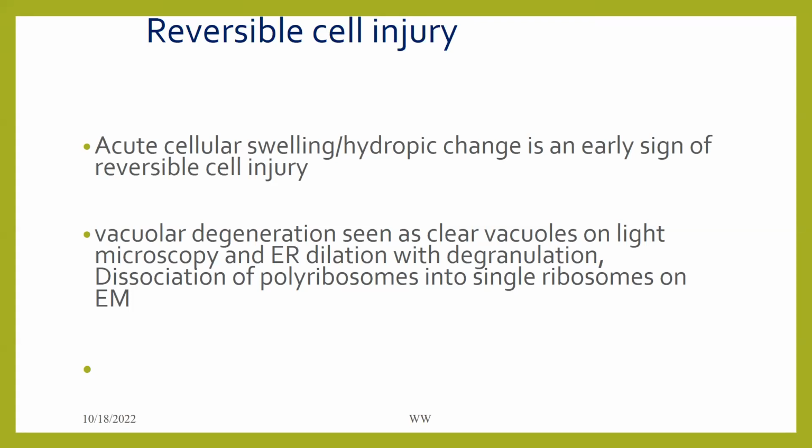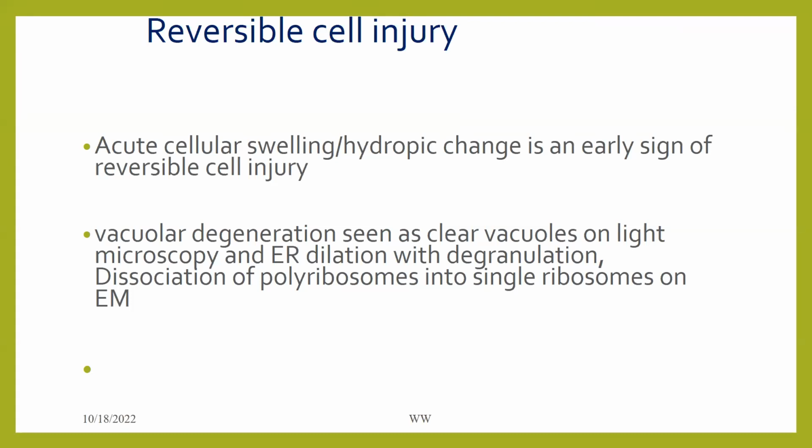This is the one where the ribosomes are attached. And in early reversible change, there's degranulation. The ribosomes disengage from the reticulum. And if they are polysomes, they disaggregate into single ribosomes that we can see on electron microscopy.